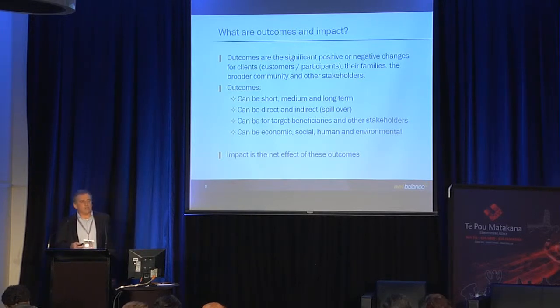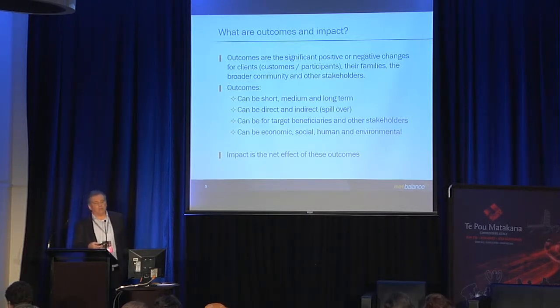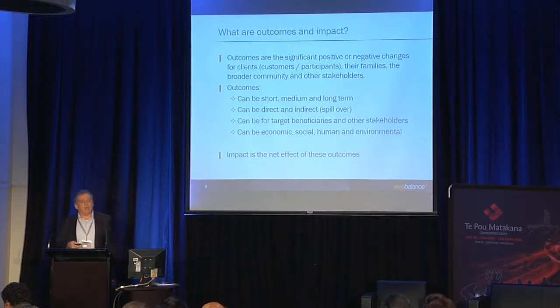There are also direct and what we call spillover effects from programs. You do something, but in fact, there's a significant benefit to other people, often individuals having problems addressed and then benefiting families and communities. When we talk about outcomes, it's pretty broad. It can be economic, it can be social, it can be human, and it can be environmental.